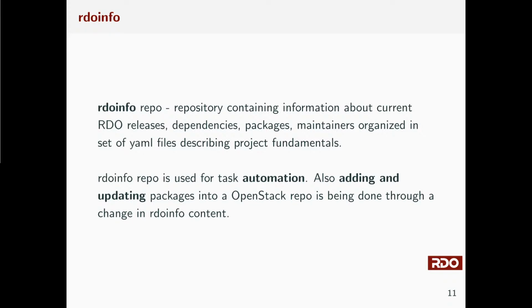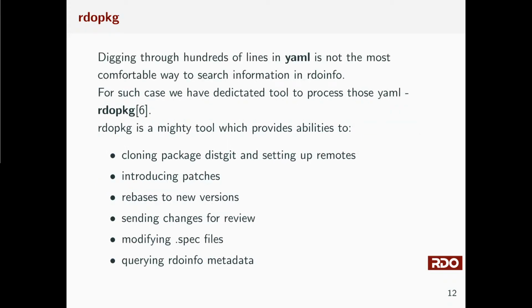rdoinfo is also used for any automation we are doing in the project. Any adding or updating of packages has to be done through a change in the content of the rdoinfo repository. Digging through hundreds of lines in YAML files is not the most comfortable way of searching for information in the rdoinfo repository, so we need a very mighty tool in the hands of the packager, called rdopkg.